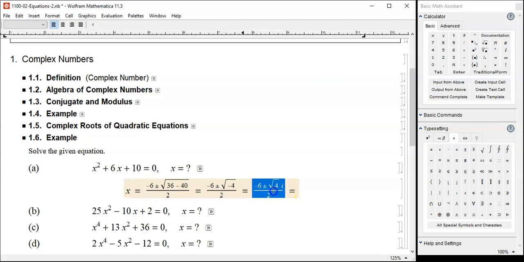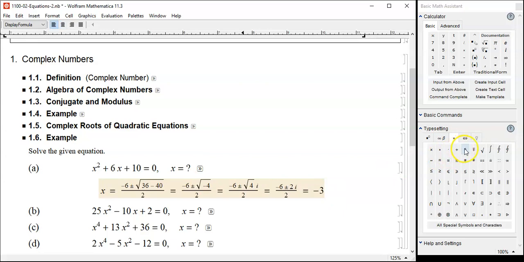And then this can be simplified further into this. Square root of 4 is 2. So what do we have? Negative 6 over 2, so negative 3 plus or minus 2 over 2 is 1, like this.